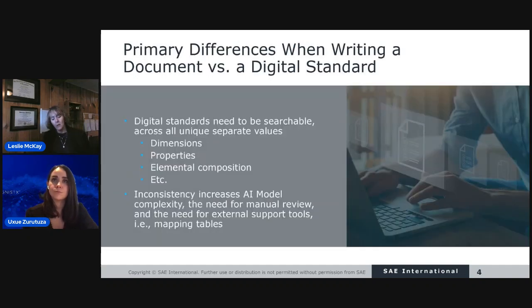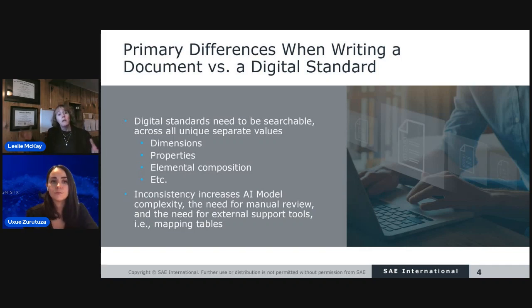Another thing to consider with digital standards is how they're going to be searched and used very differently from how PDF standards are used today. Imagine a design engineer working on a design who wants to search for a part, or look for a material that's going to meet the requirements of their design. It might be a bolt of a certain length. It might have to have certain tensile properties or certain heat tolerance.